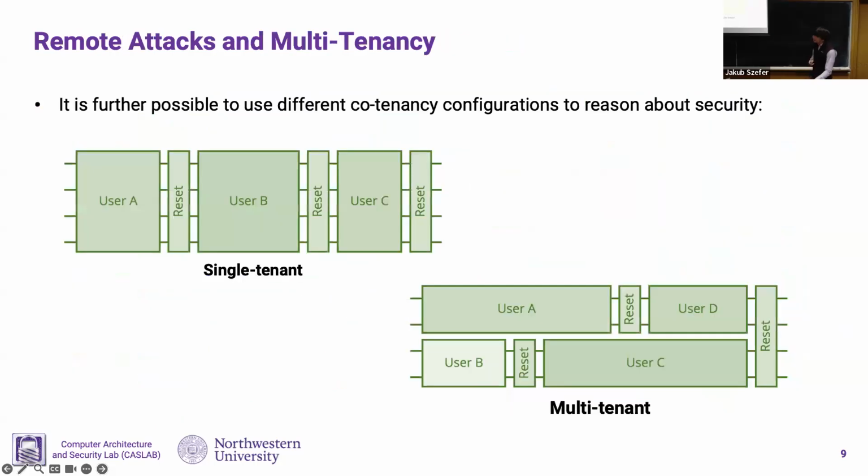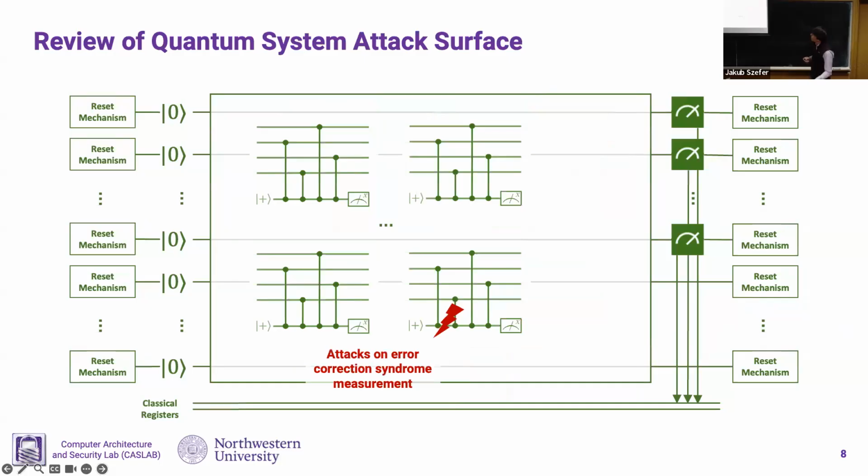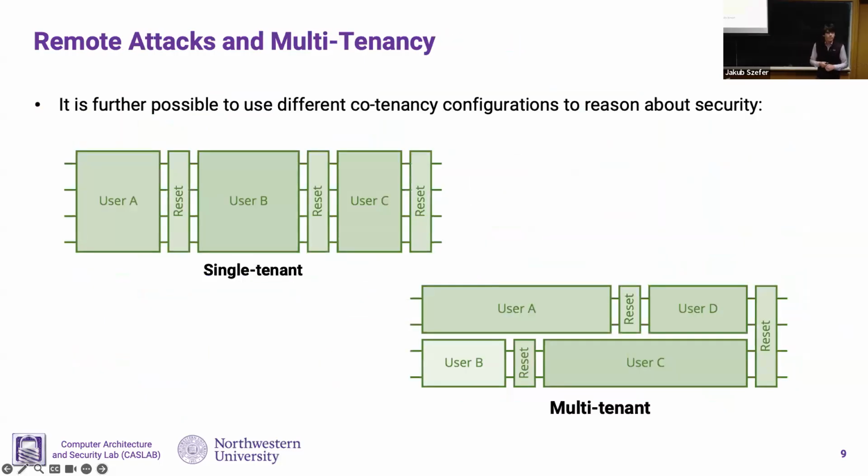And as a continued review, for the remote attacks, especially, we'll talk in later meetings about crosstalk. So in remote attacks, when different users are attacking each other, you can have different scenarios of how they're sharing the machine. As I mentioned earlier, whenever there's some sort of resource sharing, there's probably a side channel, but there's also a possibility of fault injection.